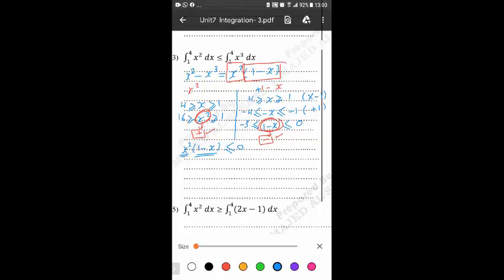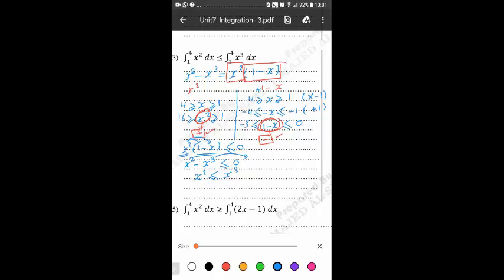Now open it. Multiply this by this and this by this. It's going to be x squared minus x cubed is less than or equal 0. Now take this to the other side. So x squared is less than or equal x cubed.